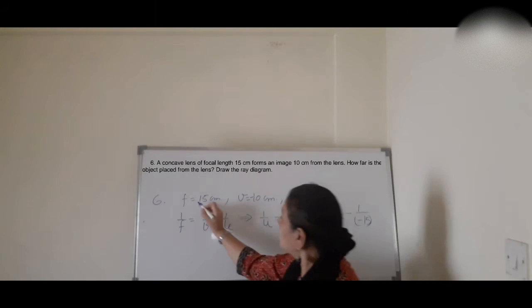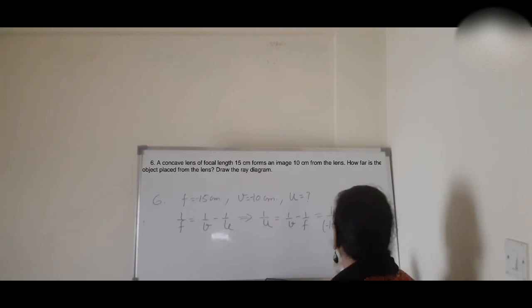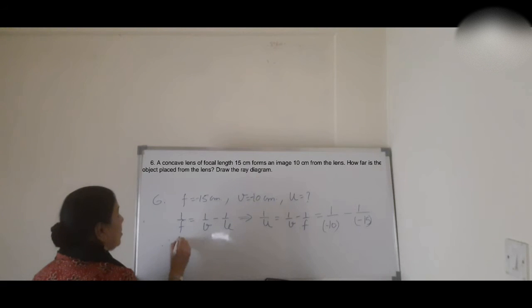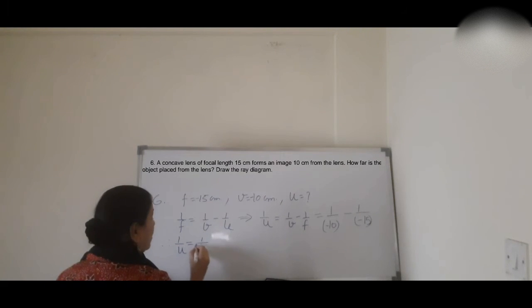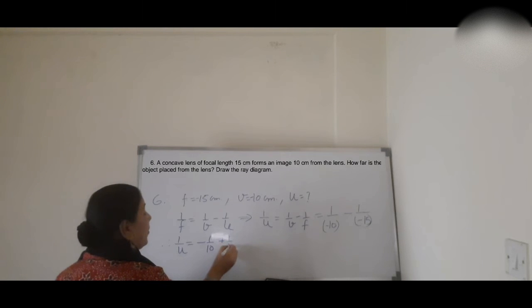So this is minus 15 because it's a concave lens. So here we have 1 upon u is equal to 1 upon minus 10 plus 1 upon 15.